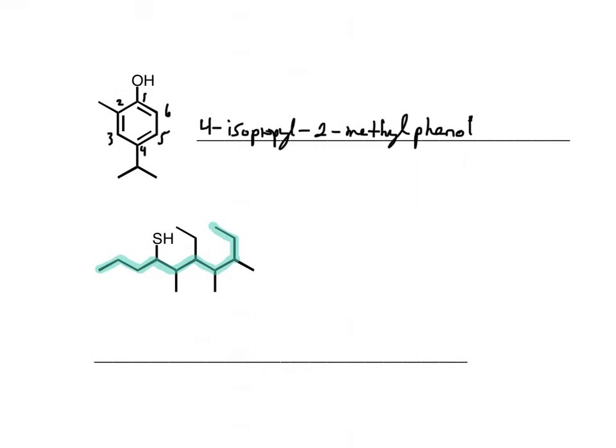It actually curves up. That's a common teacher trick that we will use on you guys to try to trick you. Okay, now in terms of numbering this guy, the sulfur's closer to the left-hand end, so we're going to go from this side. 1, 2, 3, 4, 5, 6, 7, 8, 9, 10.